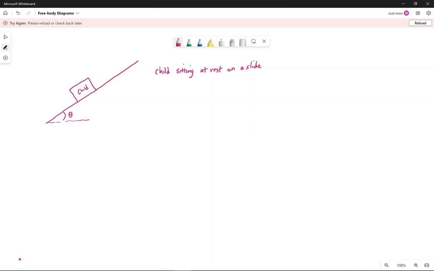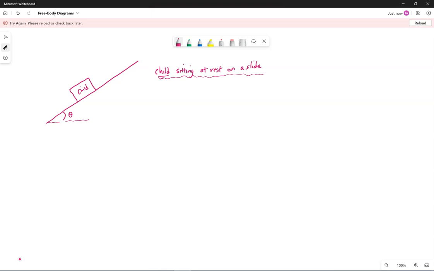So no numbers involved yet. The first step in any of these problems is to identify the forces and draw that free body diagram. But we do need to know something about what the object, so in this case, a child, is doing. So my child is sitting at rest on the slide.